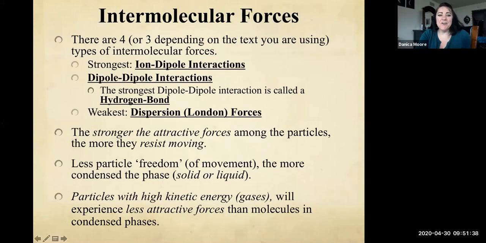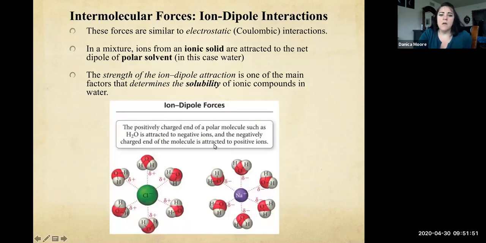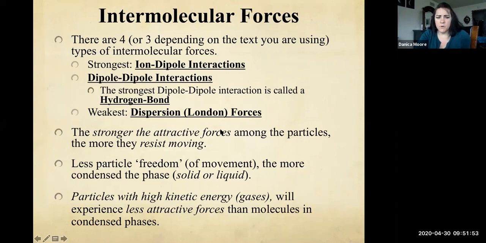Okay, so there's 4 basic flavors of intermolecular forces. And occasionally textbooks will only include 3, but our textbook I think includes all 4 of them. The strongest one being the ion-dipole interactions, the next strongest being the dipole-dipole interactions.